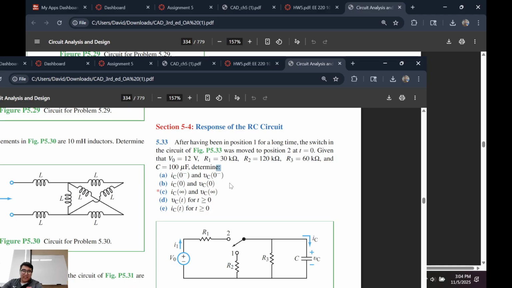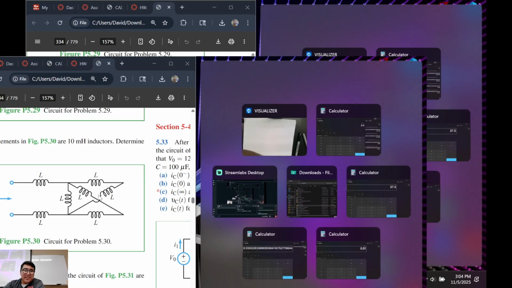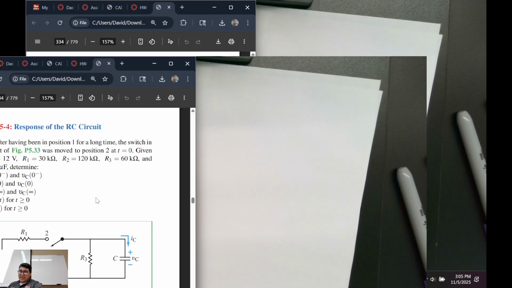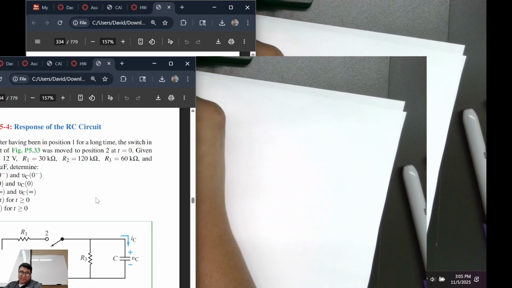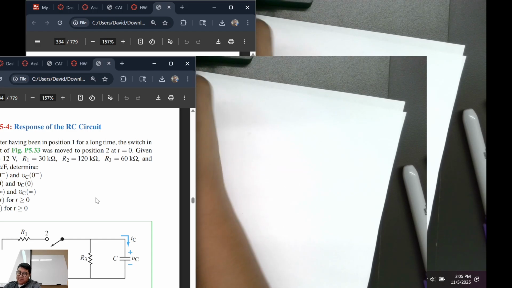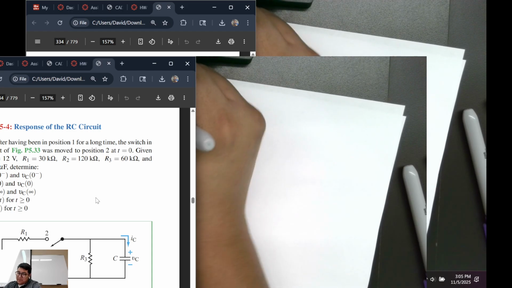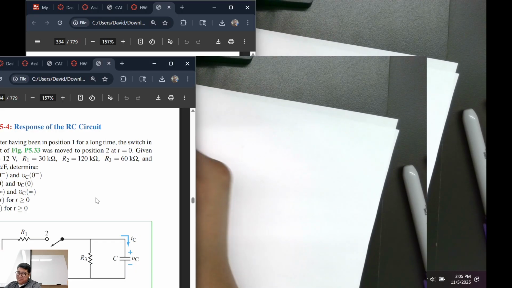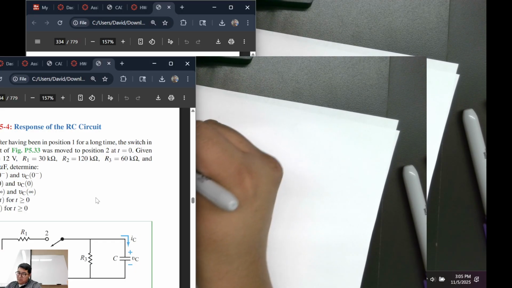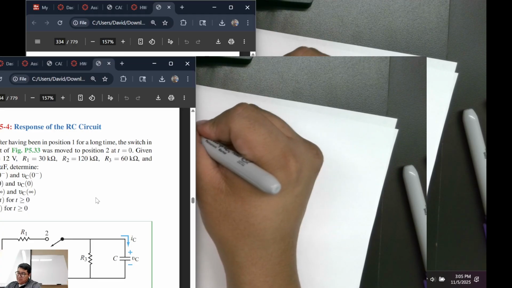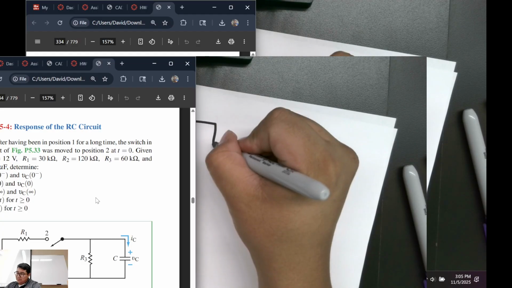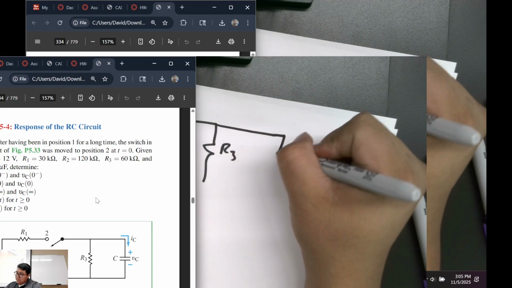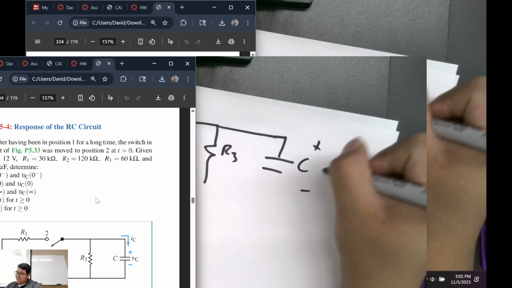All right, let's do this. It says problem 33, correct? So if we have the following, I'm going to draw the circuit. Plus minus V0, V initial, whatever you want to call it, R1, R3, R2, C, plus minus VC.